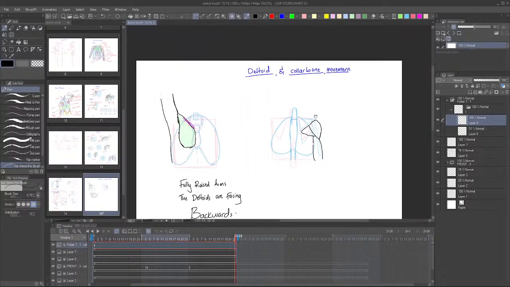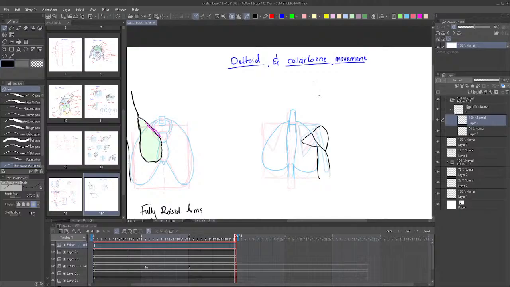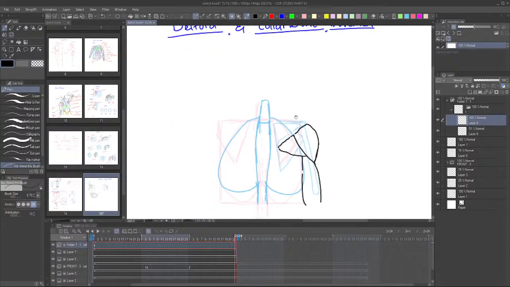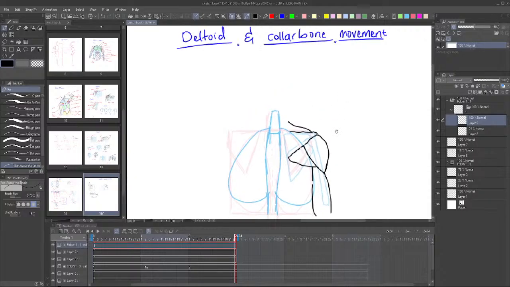So what you need to look at are also the traps. We're going to see a little bit of the traps there.